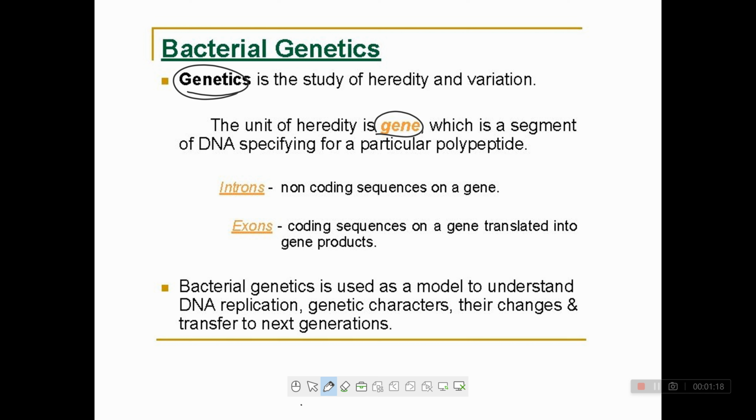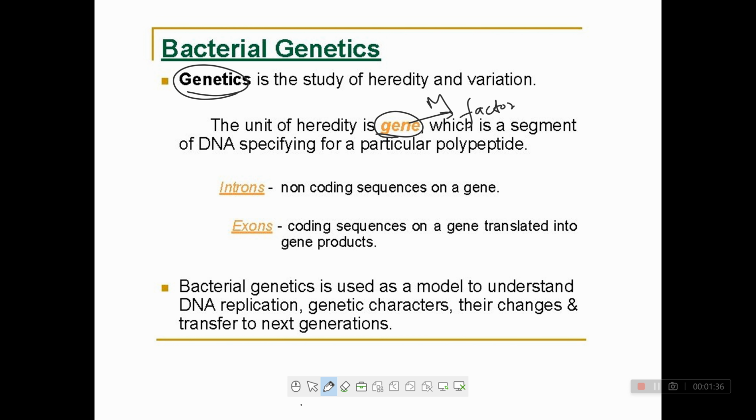What is a gene? Actually the gene was defined by Mendel in Mendelian genetics, but he did not call it a gene. Mendel called the gene a factor.